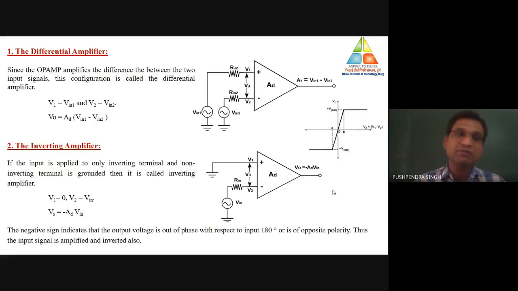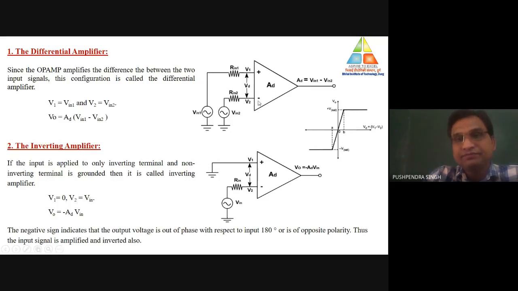But here the problem is high gain. And if the problem is already high gain, then we need to reduce the value of gain. That's why here we are not using the positive feedback. We are mainly concentrated on the negative feedback only. Negative feedback means we need to connect the circuit from the output terminal to the inverting input terminal.